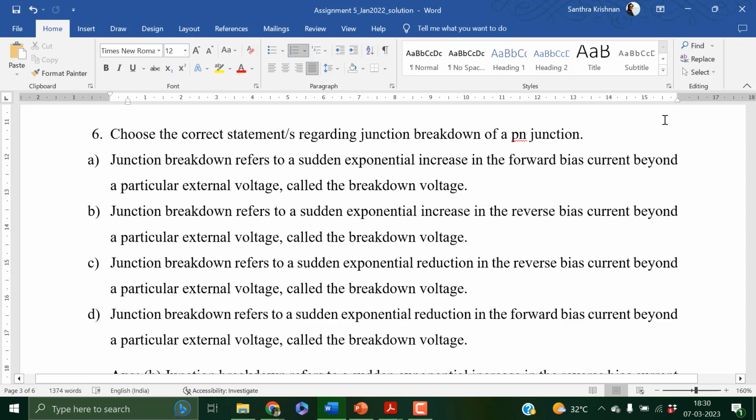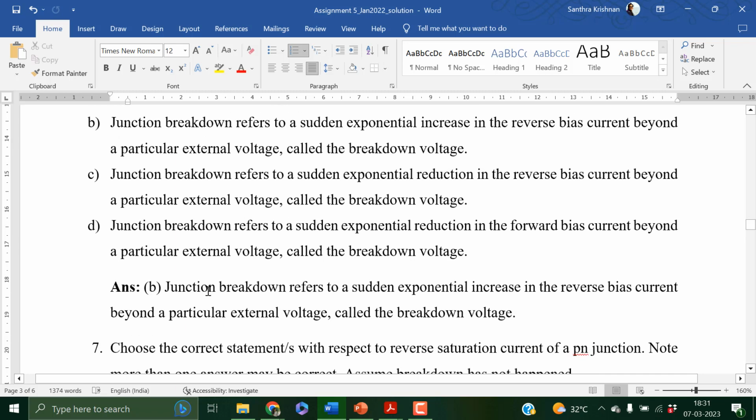Option B, madam. Junction breakdown refers to a sudden exponential increase in the reverse bias current beyond a particular external voltage called the breakdown voltage. Yes, option B is the correct answer.